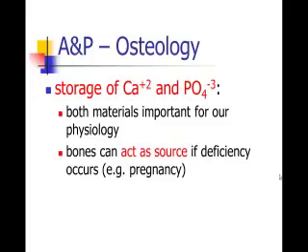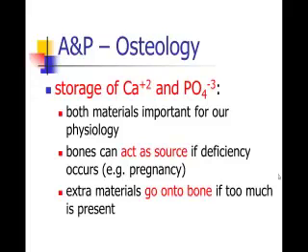A lot of calcium is being released through the milk and also in the formation of bones within the fetus. So if she doesn't have an adequate supply in her diet, the bones can decalcify, and the calcium can become the source of the materials she needs.